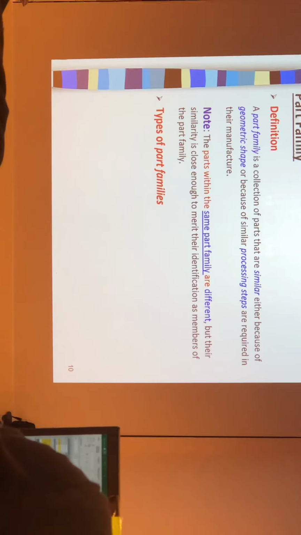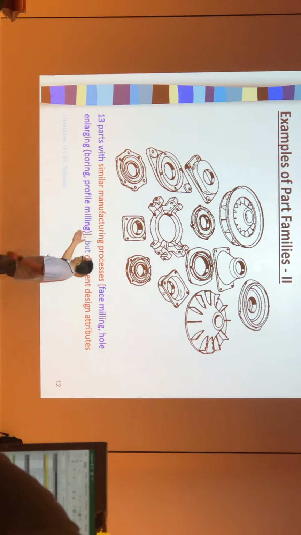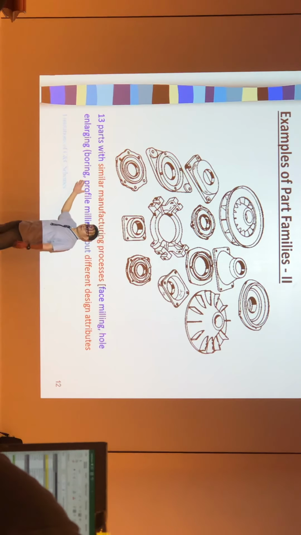So for those 13 parts, in terms of manufacturing process requirements, they all need face milling, and they all need a hole enlarging process. For hole enlarging, you could use different kinds of processes, like boring on the lathe, or you can do profile milling as well.